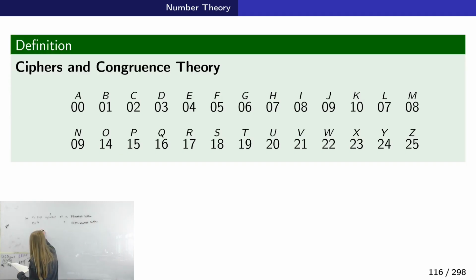We'll see that for our Caesar cipher, C is congruent to P plus 3 mod.